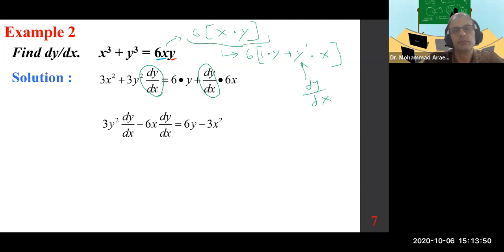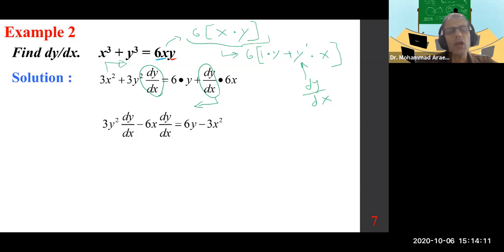So you move this guy to the left, this guy to the right. And so you get 3y squared dy dx minus 6x dy dx equals 6y minus 3x.